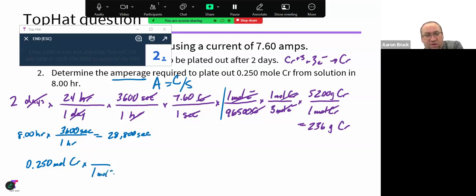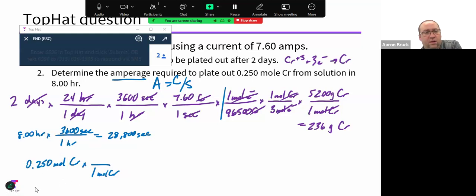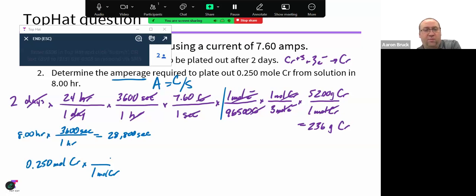A mole of chromium weighs 52 grams. Don't need that one. My bad. So 1 mole of chromium is going to give me 3 moles of electrons.